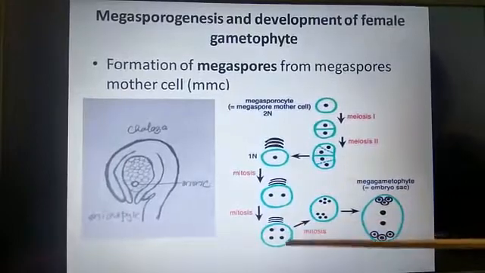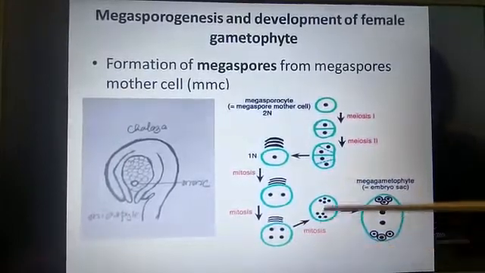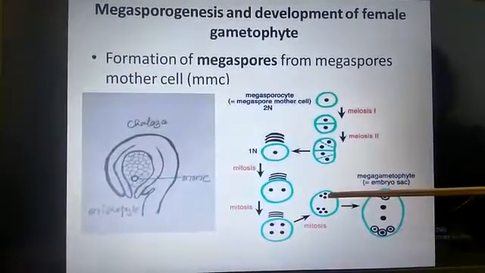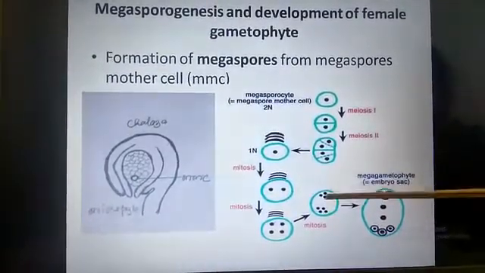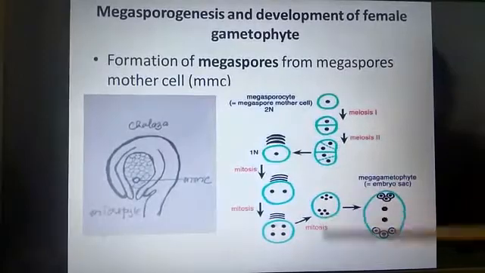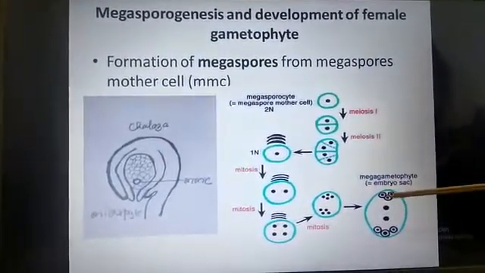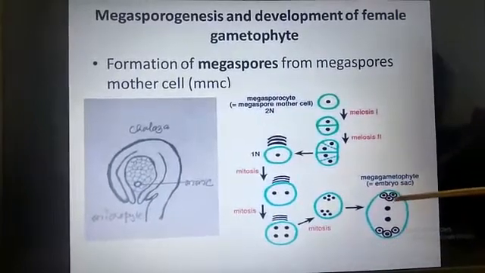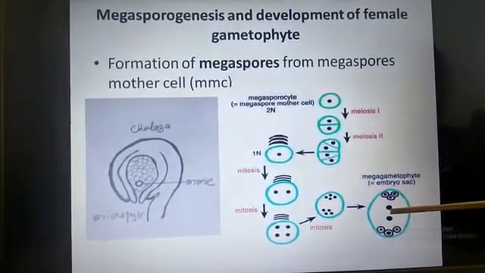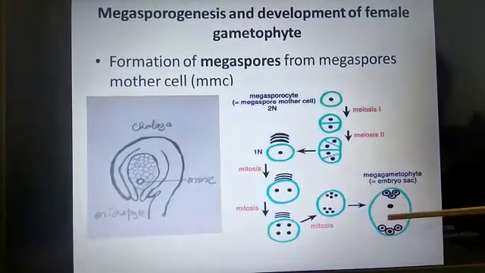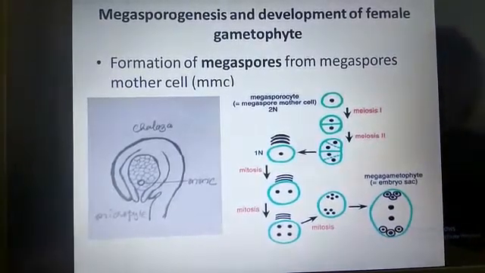Now it will undergo the last mitotic division and give rise to a total of 8 cells: 4 on the chalazal side and 4 on the micropyle side. Now from the chalazal side, out of 4 cells, 1 will move towards the center. And the same from the micropyle side, out of 4, 1 will move towards the center.